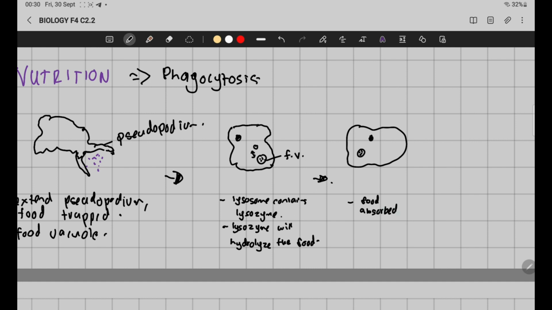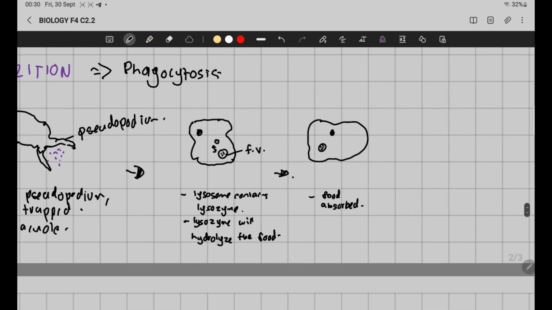And just like humans, there are some residues or undigested food. So the undigested food will be left behind, discharged by the amoeba as it moves.